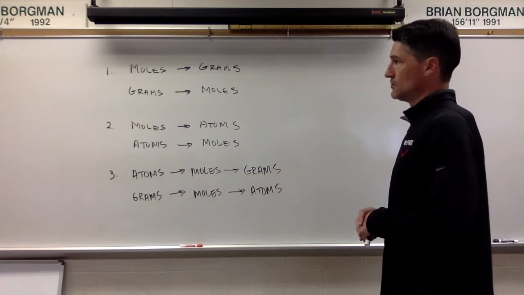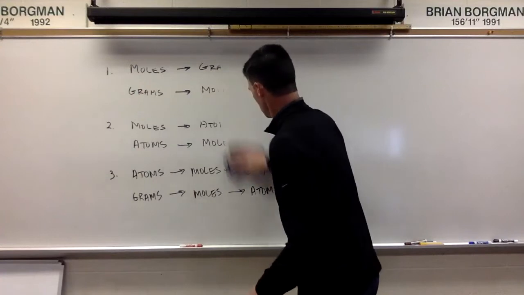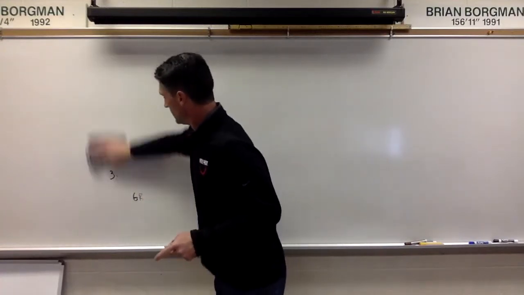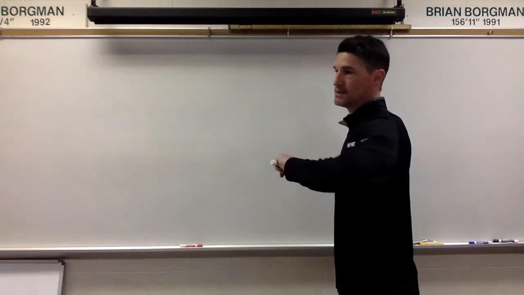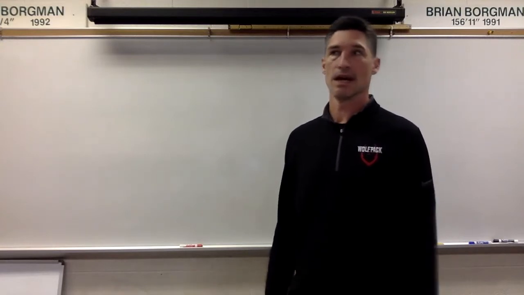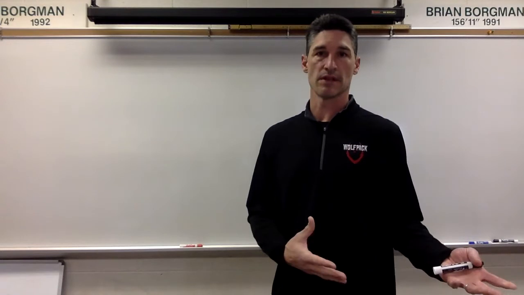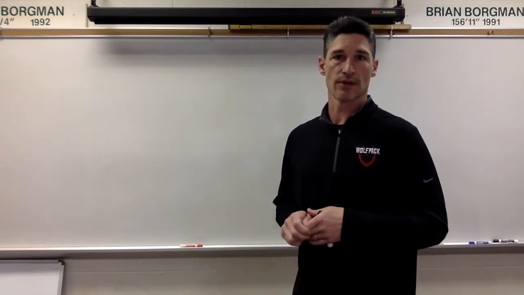Okay, so let me take this down. All right, so hypothetically, I want to go from moles to grams. You remember what a mole is? A mole is kind of like a dozen. It's a counting unit. But instead of being 12 of something, it's this really big number, 6.022 times 10 to the 23rd, Avogadro's number.